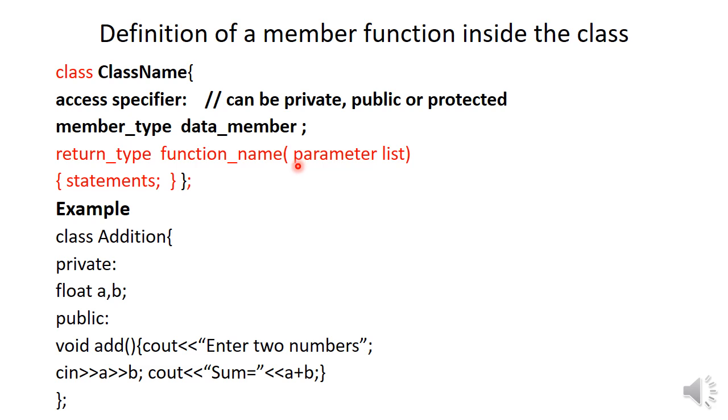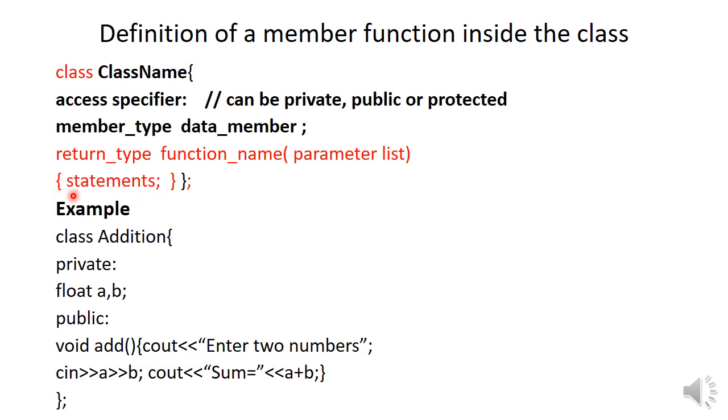For the parameters we have to write the data type of a parameter and the parameter name, comma, the data type of the second parameter and the parameter name, and so on. We say parameter list because a member function can have any number of parameters, where each parameter is together with its data type. And here we immediately open the body of our member function. The body of a member function is shown by a pair of curly brackets.